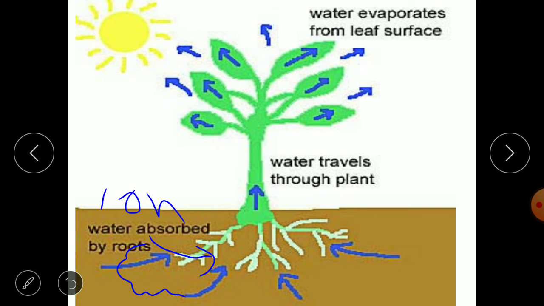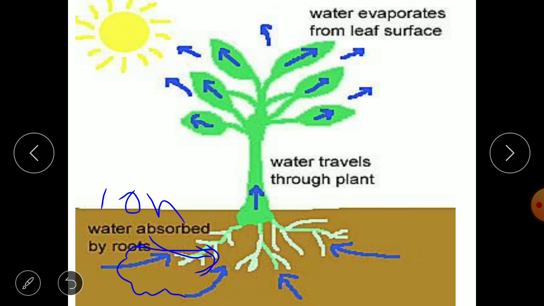It may take place against the concentration gradient, which means movement from low concentration to high concentration is also possible by utilizing energy. So first the ions of these minerals are taken up actively inside the roots. Due to this, osmotic pressure is created.